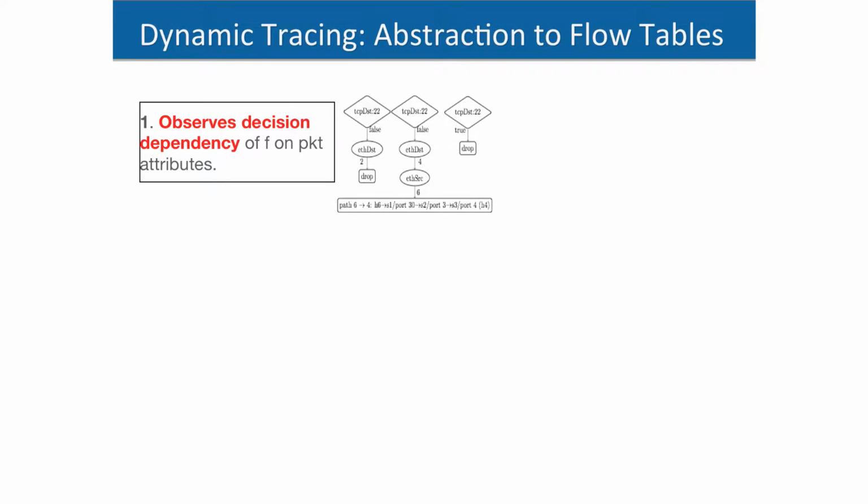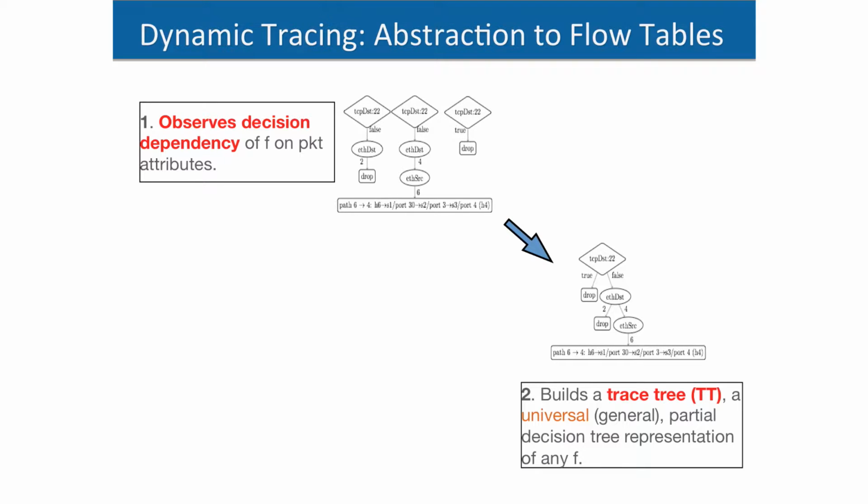The general workflow for Maple is that when a packet enters the network, it will be processed by the controller by executing the function f. During the execution process, Maple will observe the decision dependency of f on different packet attributes. Based on the different values of the packet attributes, we build a trace for this packet.